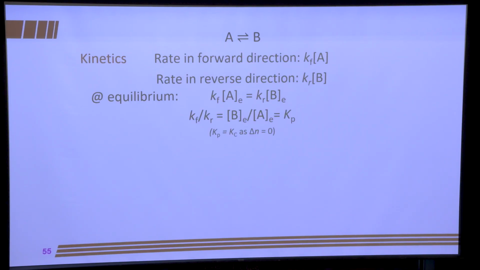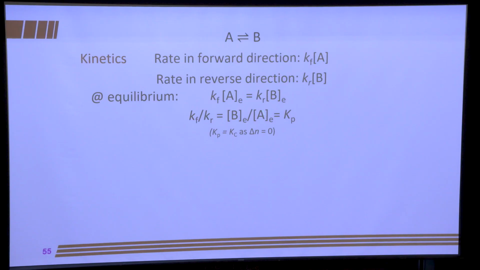So k forward over k reverse is equal to the concentration of B at equilibrium divided by the concentration of A at equilibrium, and that's equal to Kp.